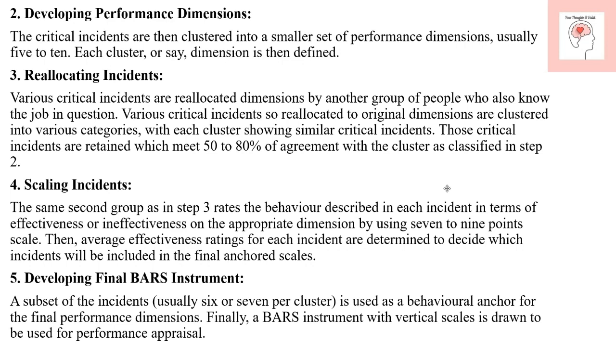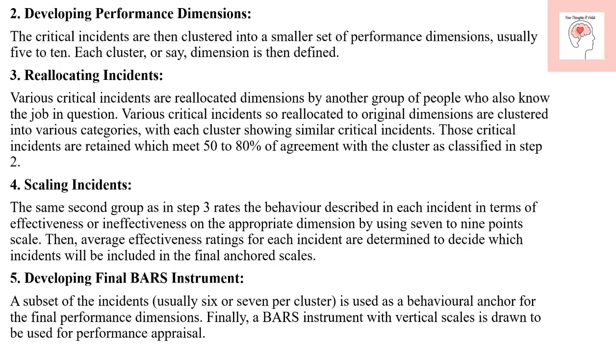The incidents which meet 50 to 80% agreement with a particular category will be used. Say the first group listed down 10 categories and the second group listed down 8 categories, and suppose 6 of them had a similar nature, then those 6 will be considered.